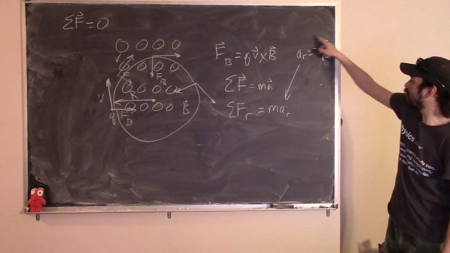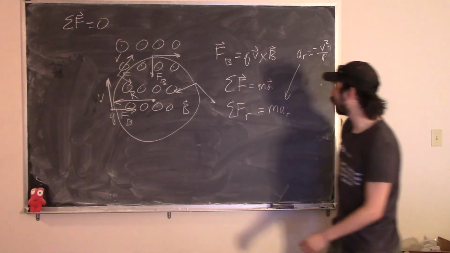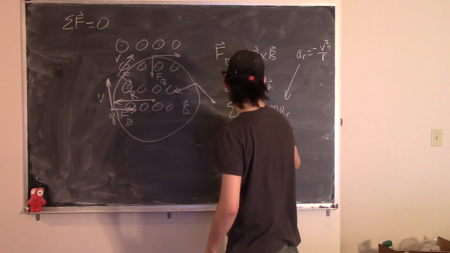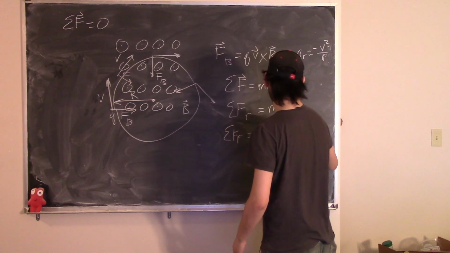So now that we have this equation here, what we can do is we can say that the sum of the forces in the radial direction is going to be equal to m a_r, which is going to be equal to minus m v squared divided by r. So this is always pointing towards the center of the circle. But when we do this, F_B is equal to qv cross B, this is also into the circle.